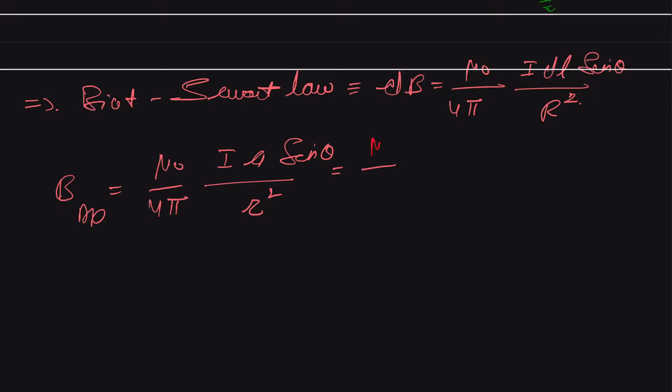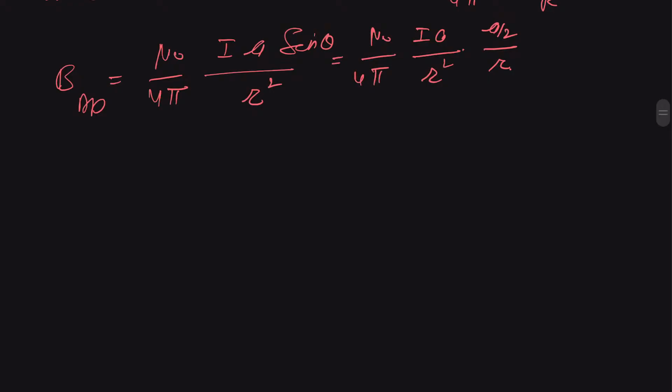So this comes as mu naught upon 4 pi, I A upon r square, where sine theta is a by 2 upon r. Therefore, we get that the magnetic field because of one side, that is of AD, will be equal to mu naught I A square upon 8 pi r cube.